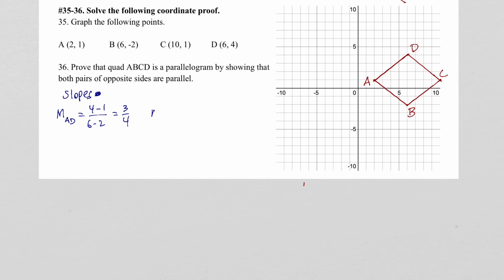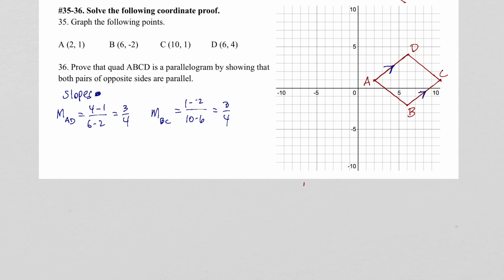And then the slope of the opposite side, BC, is 1 minus negative 2 over 10 minus 6, which is 3 over 4. So these have the same slope. So I show that by doing this.